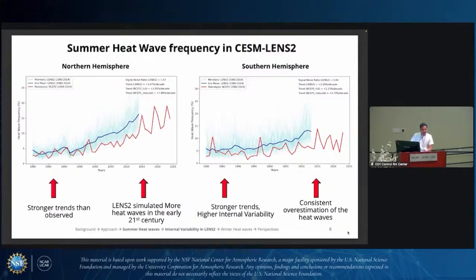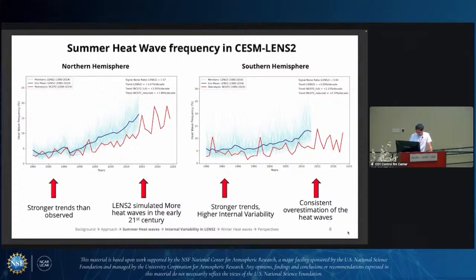I've also analyzed the cold waves and I get exactly the reverse. In the 20th century, the cold waves were more than anticipated, but in the early 21st century they are in line with the observations. Overall, what we can see is a stronger trend simulated by Lens 2.